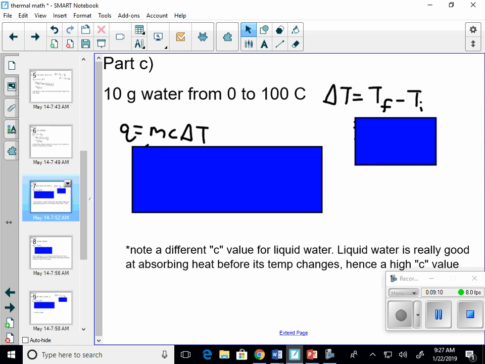What's the C value of liquid water? Look back at the front page to see what that value is, because you don't have to memorize that. And then what's the change in temperature, delta T? So I'll give you about 30 seconds to see if you can solve that, and then I will reveal the answer.